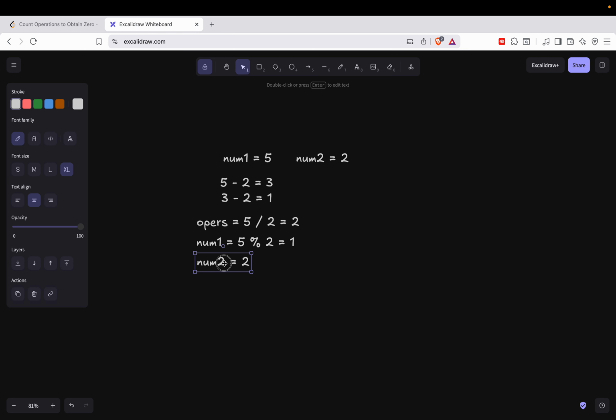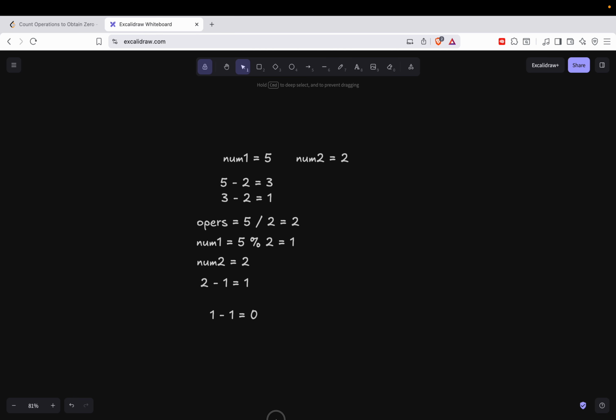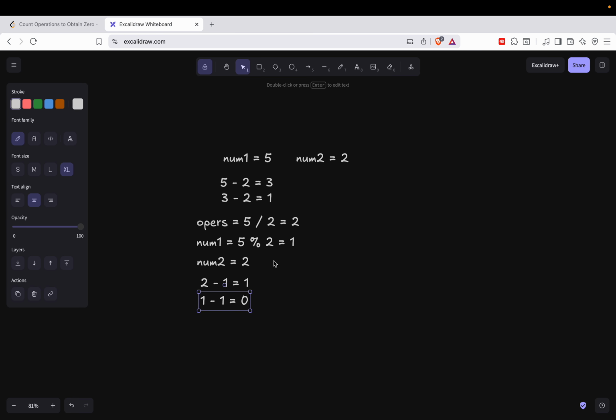Here, since num2 is greater than num1, we have to subtract num1 from num2. So this will be 1, and 1 minus 1 will be 0. So the total number of operations required is 4. As long as both numbers are non-zero, we have to perform these operations.